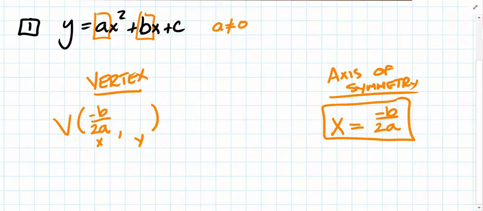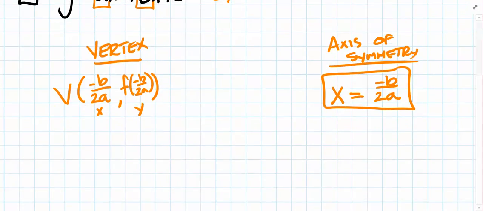That's the same thing. So how do you get the y coordinate? You evaluate and take f of negative b over 2a, which means plugging it back into the function. Okay? So let's do an example of this right now.